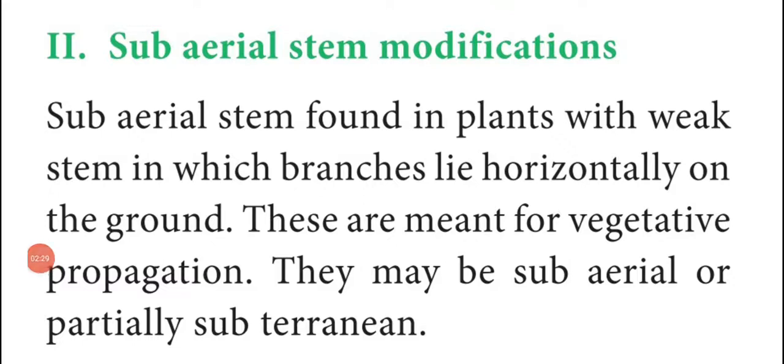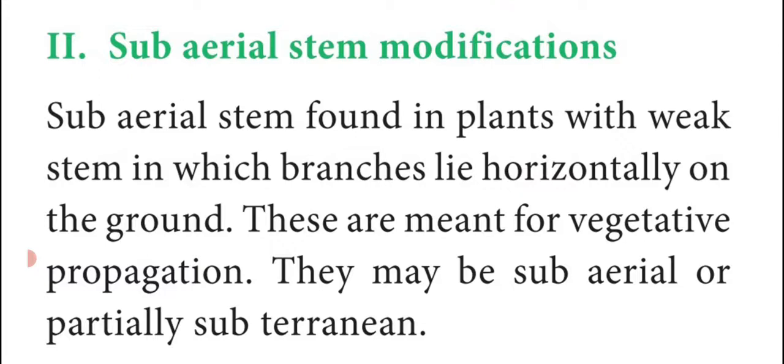Dear students, subaerial modification is seen in weak-stemmed plants, that means the stem portion which lies horizontally on the ground region, which is responsible for vegetative propagation. So this subaerial modification may be aerial or partially subterranean.